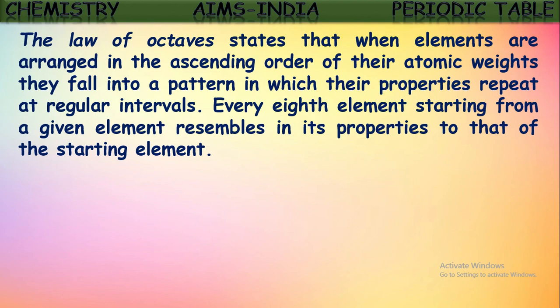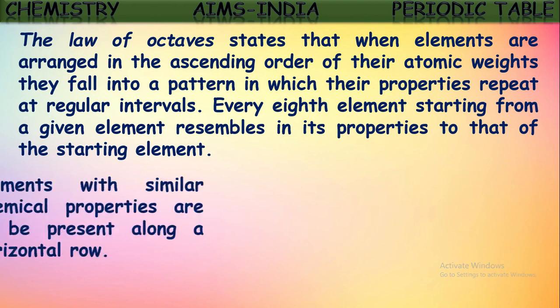Then he observed that the properties of an element in that series resemble those of the consecutive eighth element. As the properties are repeated with every eighth element, he called those elements octaves. In honor of his name, they are now called Newlands' octaves.